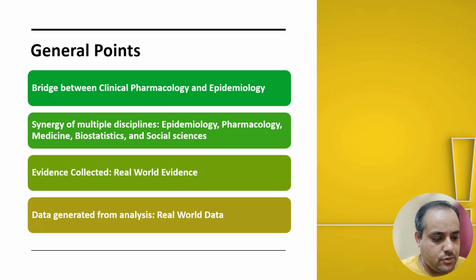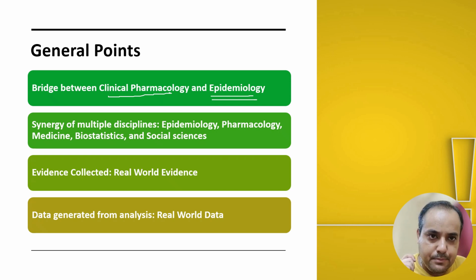As I've already told you, pharmacoepidemiology has got two words. One is pharmaco, one is epidemiology. So it acts as a bridge between clinical pharmacology, because we are concerned with the use of the drug in human population, in the patients, and epidemiology.